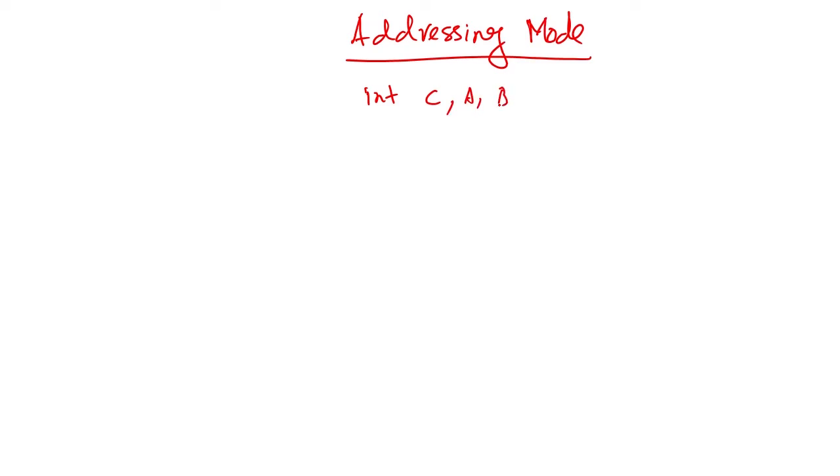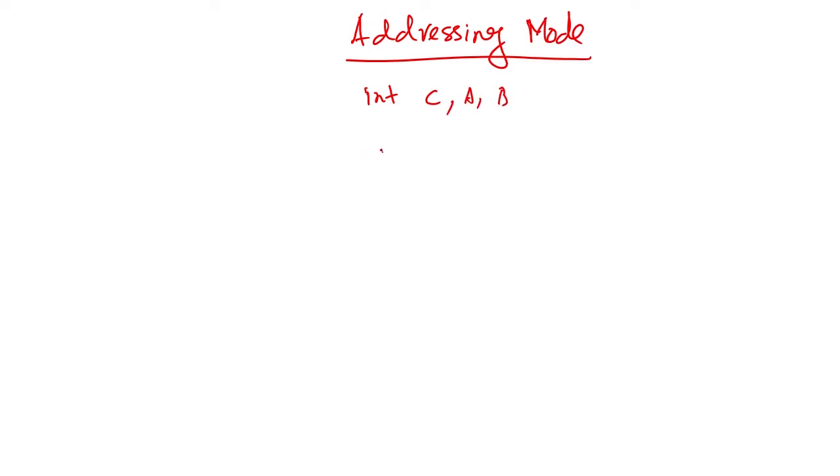One example: let us say I want to perform some operation, so the topic is addressing mode. Let us say the operation is addition. C is an integer variable, and so are A, B and so on.